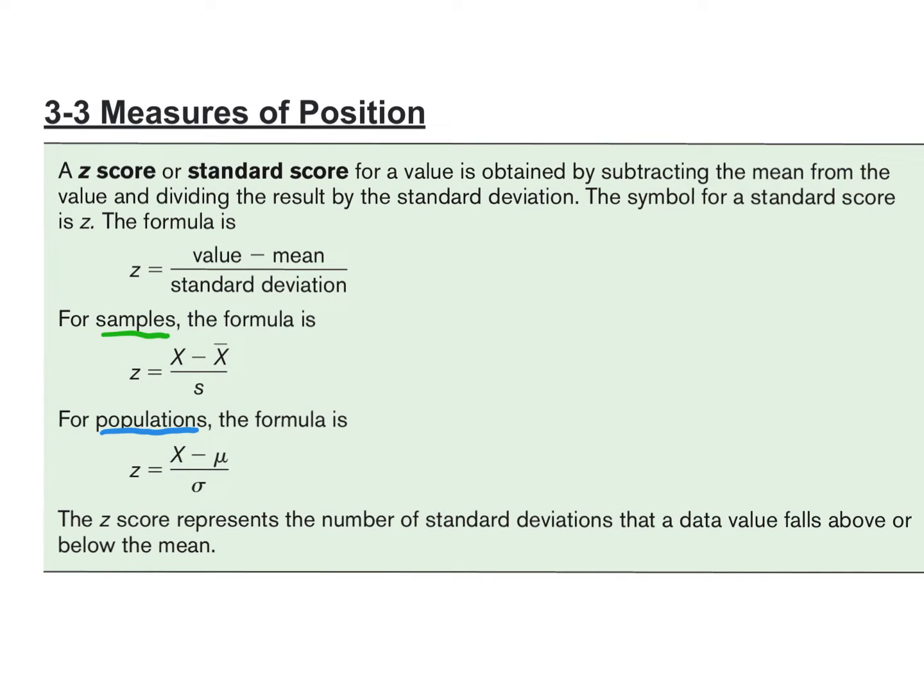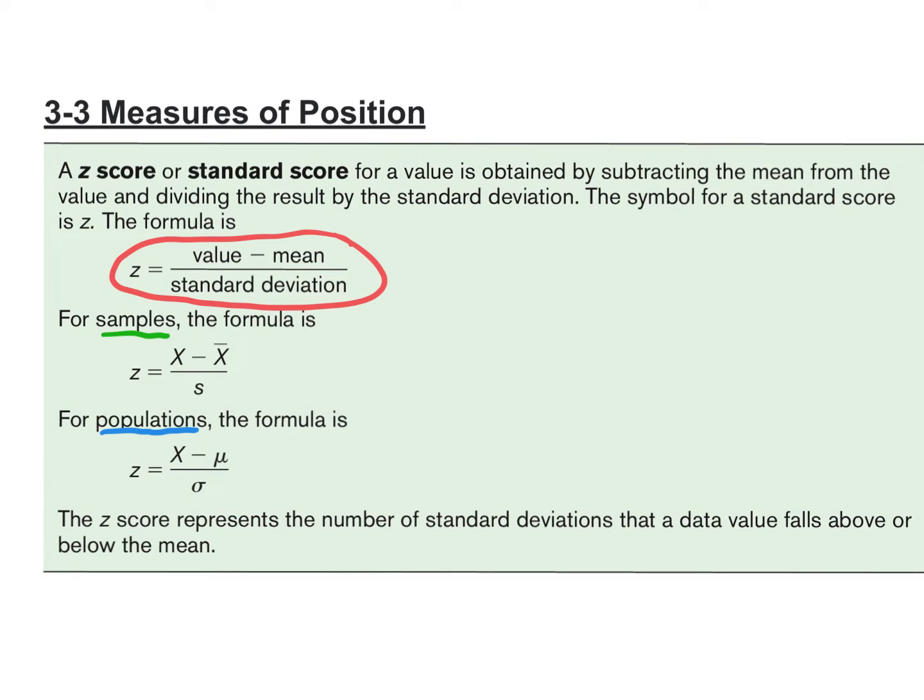If we're talking about a population, now we're subtracting the mean, which is lowercase mu. So it's the value minus mu divided by lowercase sigma, which is the population standard deviation. The key to this, as I said, is this is what you need to know how to do. These are just different notations signifying a sample situation or a population.